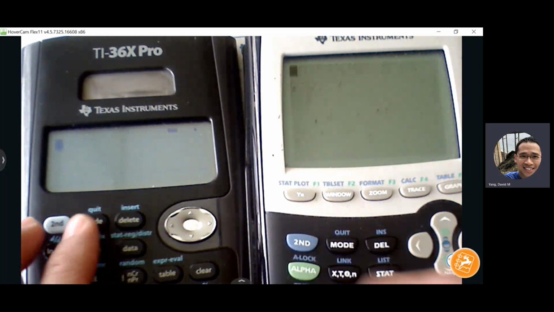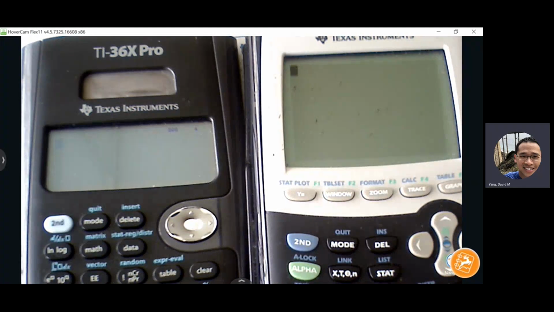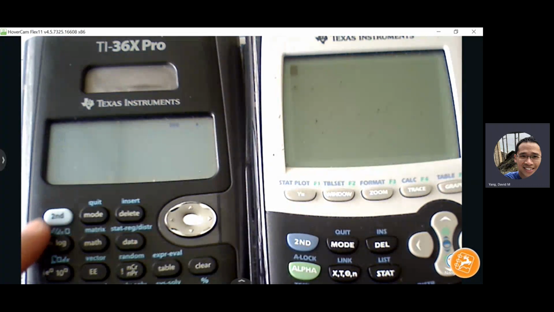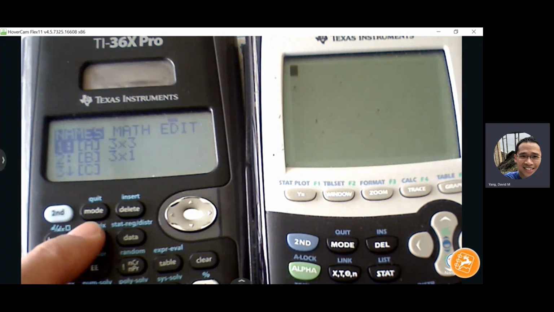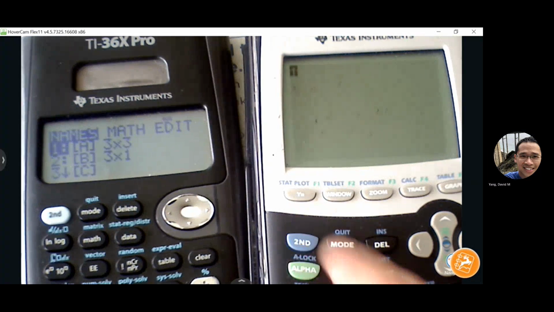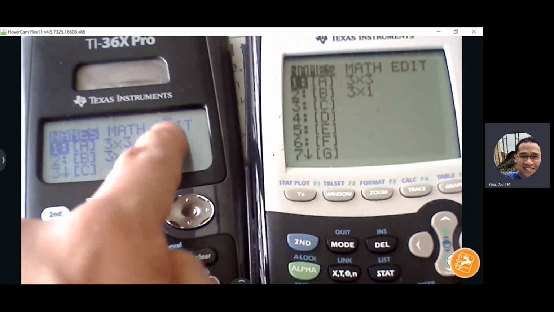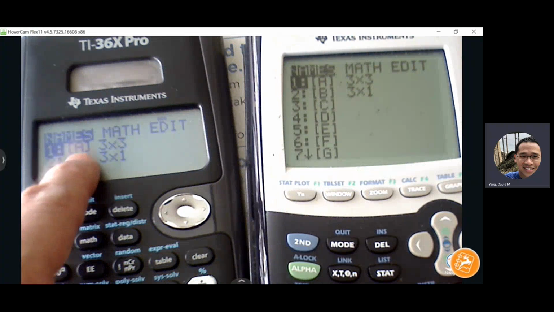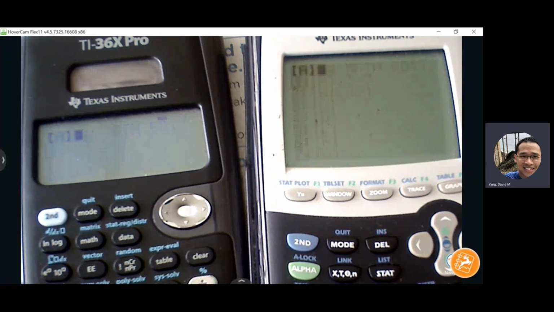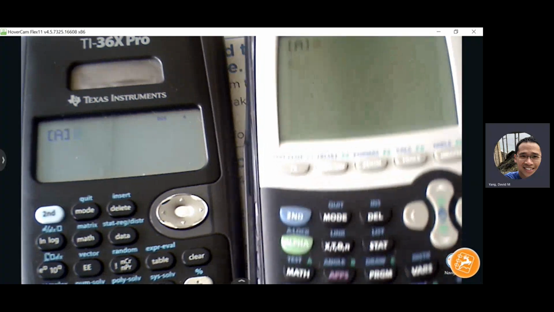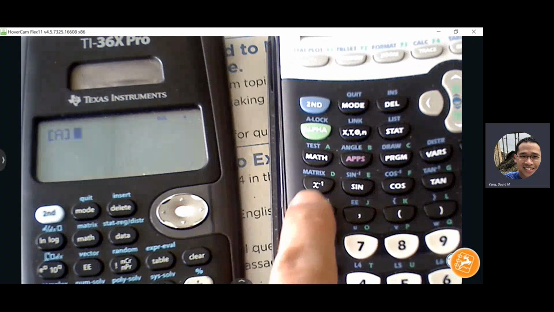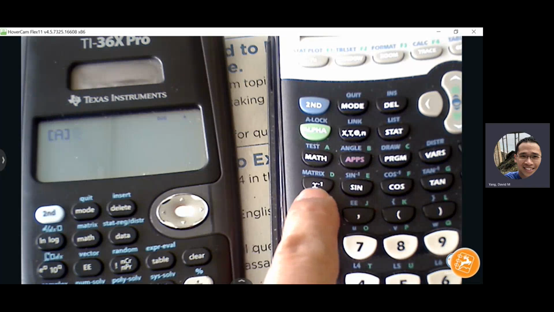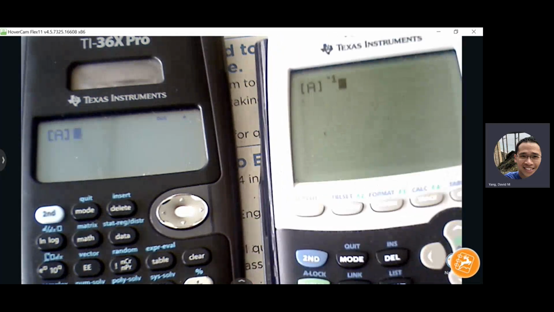Once you're done with both matrices, now we're ready to call it and find the answer and create that multiplication relationship. So go to your matrix screen. And now we're not going to edit anymore. We're going to go to name. So call matrix A. Now on the graphing calculator, it's a little quicker. You can get to that inverse a lot faster. That x to the -1 is your inverse.